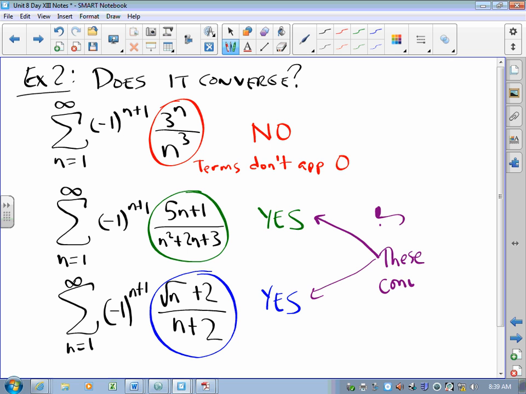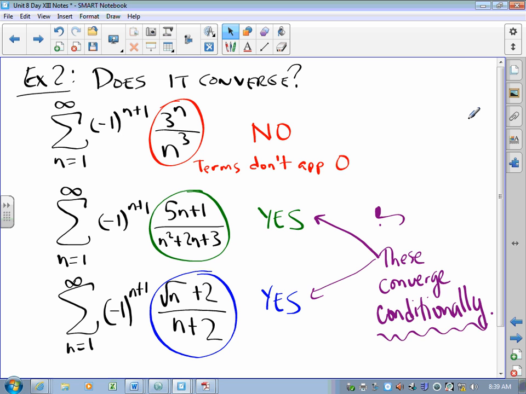These series converge conditionally. What do I mean by they converge conditionally? See, here's the funny thing. Take a look at the green series for a moment. If the alternation wasn't there, if we just had the thing circled in green, would that converge? Well, you would say, this doesn't matter, this doesn't matter, this doesn't matter. I got 5 over n. But 5 over n is basically the harmonic series, and the harmonic series blows up.